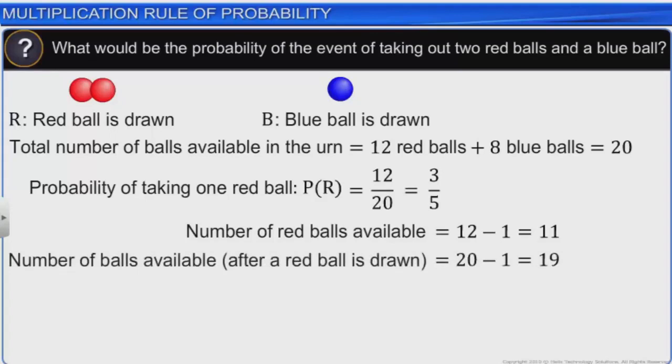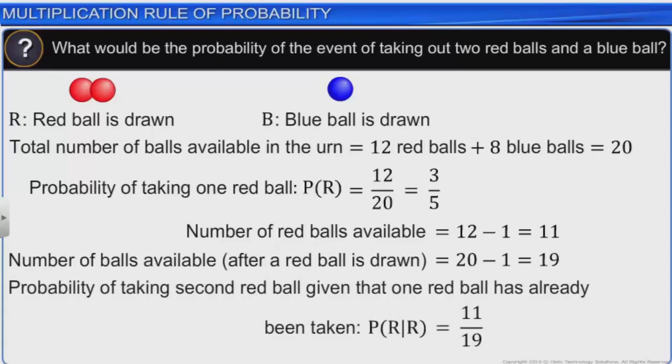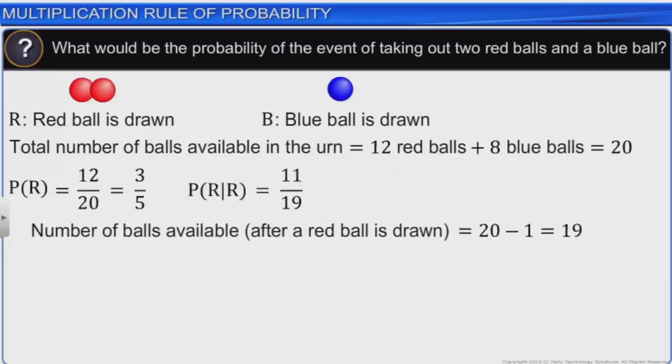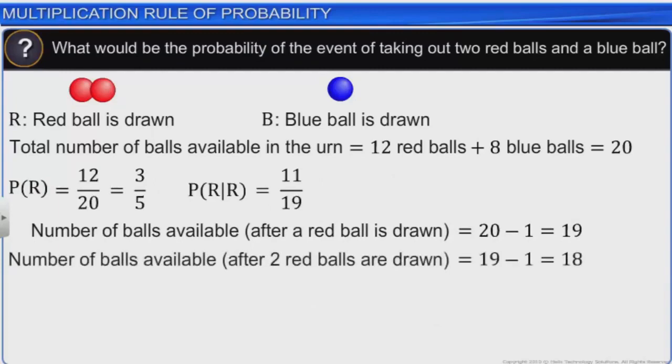Now, the probability of taking another red ball is given by the probability of R given R is equal to 11 divided by 19. Since another red ball is drawn, the total number of available balls in the urn is 19 minus 1, which is equal to 18.